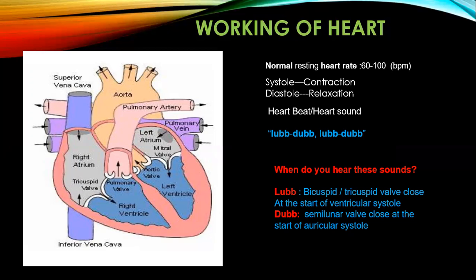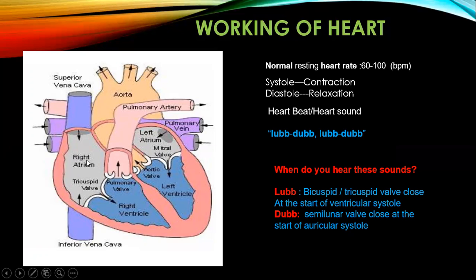The left atrium will be receiving the blood from the pulmonary vein, and the right atrium will be receiving the blood from the superior and inferior vena cava. The left atrium will be receiving the oxygenated blood, and the right atrium will be receiving the deoxygenated blood. That means they are in the relaxed state, since they are just receiving the blood. So they are said to be in the diastolic phase.